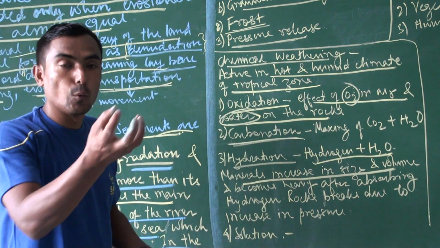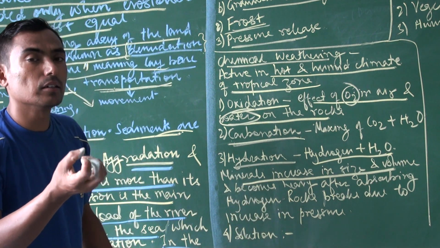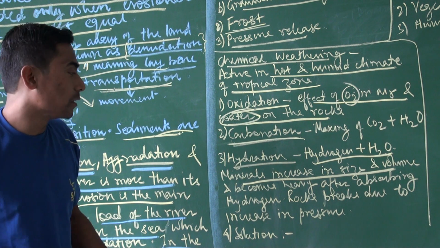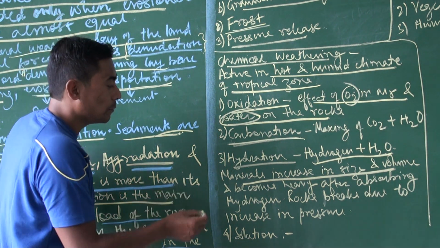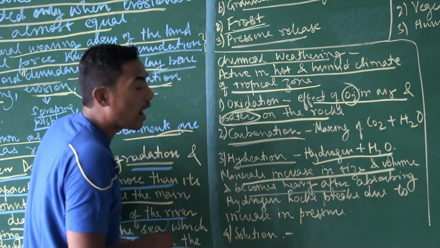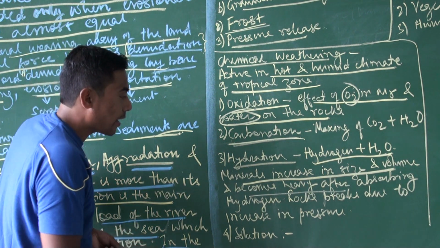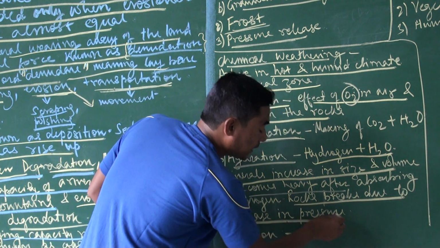When they absorb hydrogen and water, the volume and size of the minerals increase. And when they absorb plenty of water, they become much heavier, and finally the rock breaks due to increasing pressure.